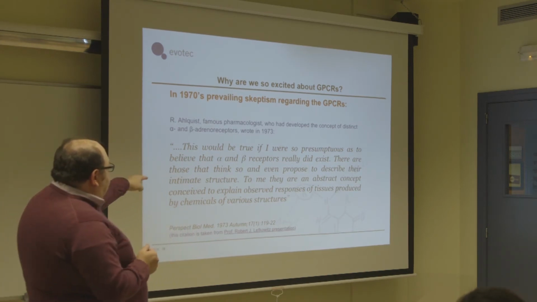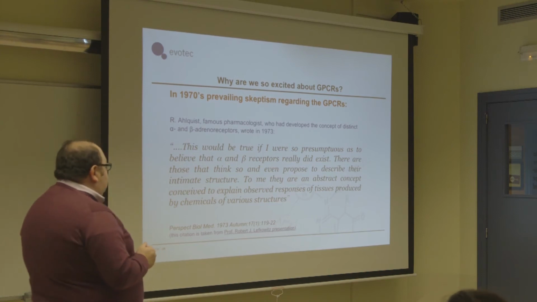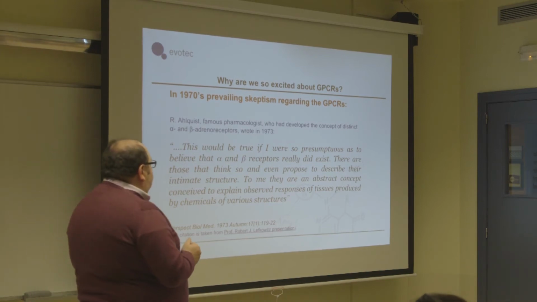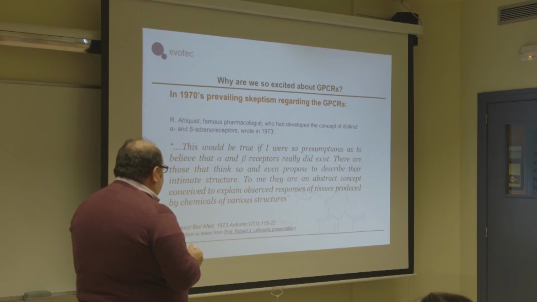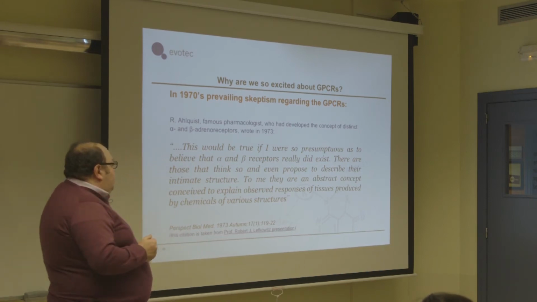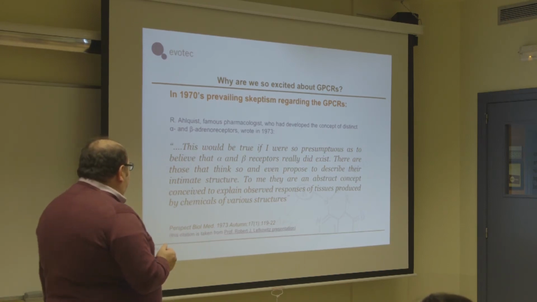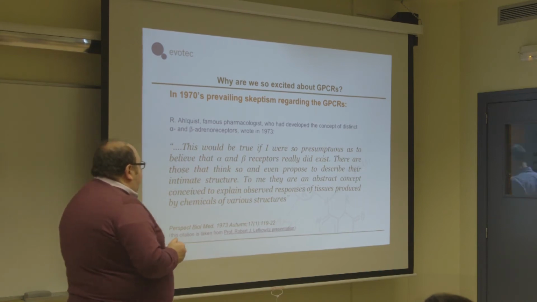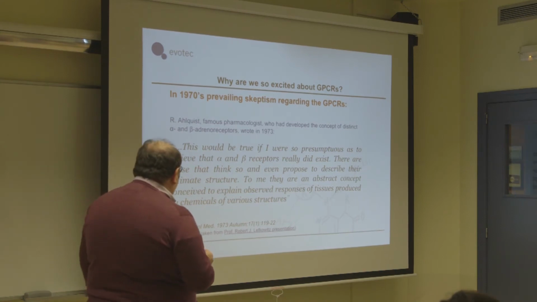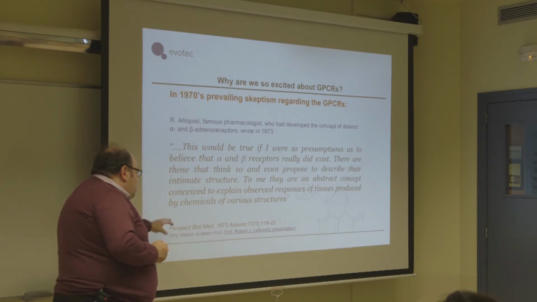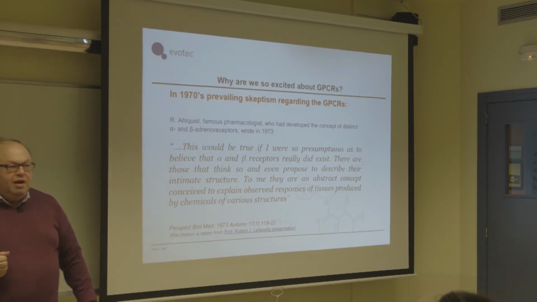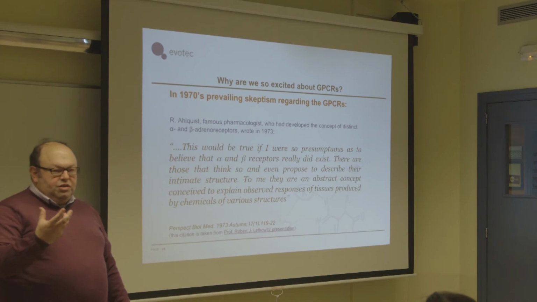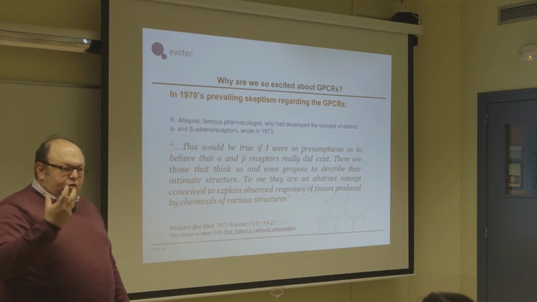There are those that think so, and even propose to describe their intimate structure. To me, they are an abstract concept conceived to explain observed responses of tissues produced by chemicals of various structures." So 40 years ago, nobody believed that those receptors exist as proteins.